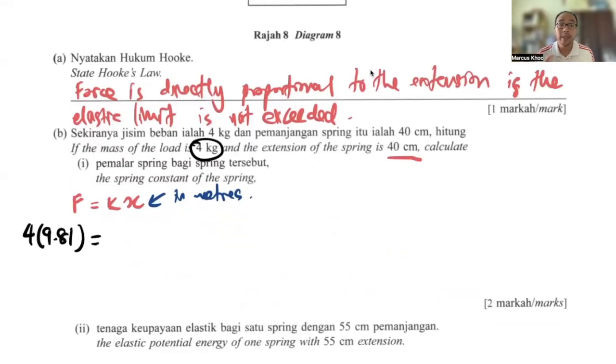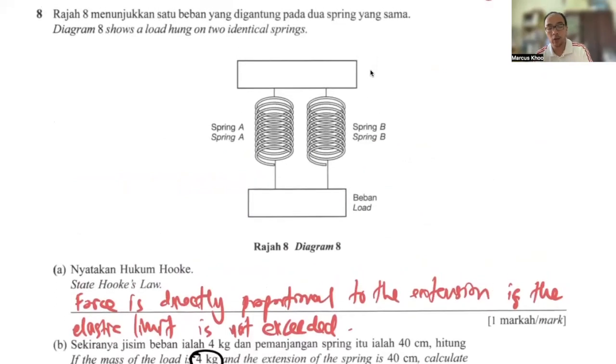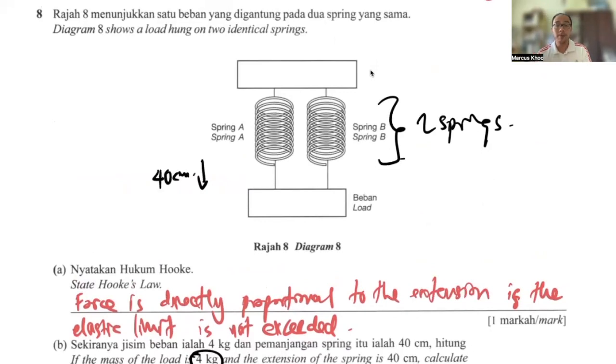Now the extension of the spring is 40 cm, but there are two springs here. If they extend until 40 cm, it means the load, the burden, has been shared between the two, since this is a parallel arrangement.